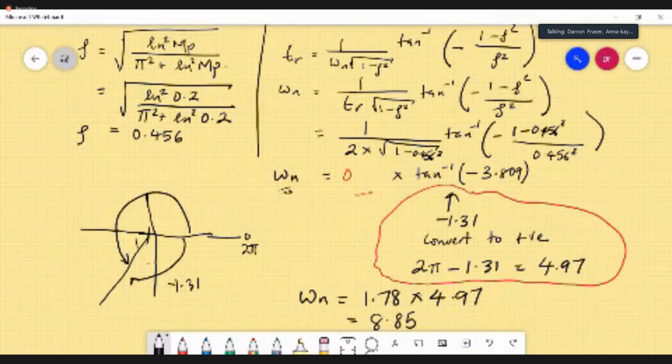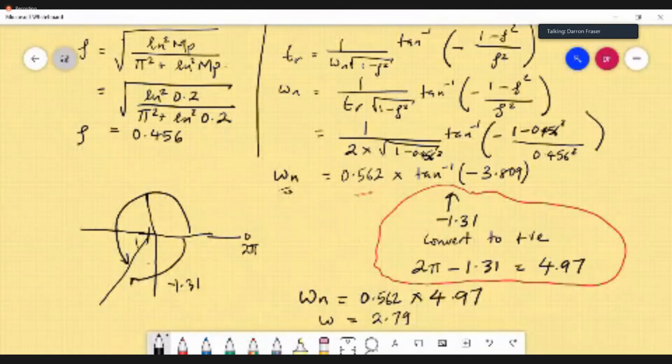I get 0.562. So this is 0.562, and the final answer is 2.79.